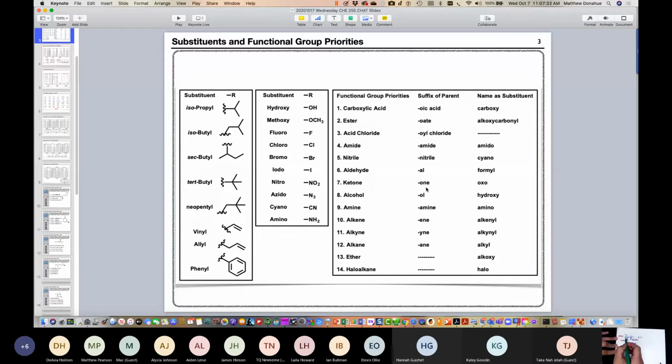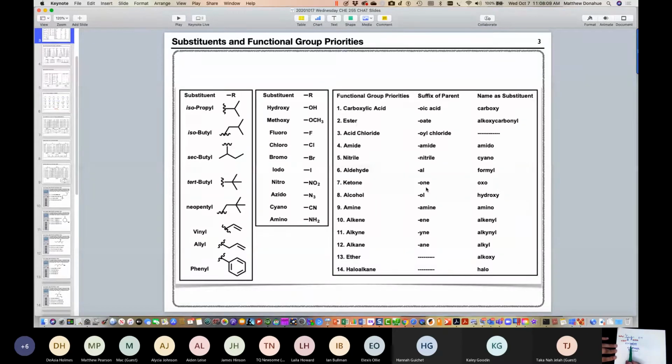I numbered the chain that way to give the major parent the lowest number, 1, 2. If we numbered it the other way, 1, 2, 3, 4, 5, 6, the ketone would be at 6. The rules say that you need to give the lowest numbers to everything, so you want to give the major functional group the lowest number, and that will assume everything else also has the lowest number.